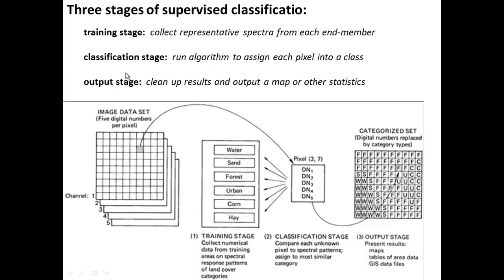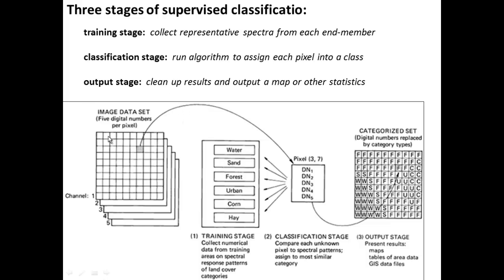And then finally is the output stage, where we often use some kind of filtering to clean up our results, and then we may gather statistics about how well we think we did and how successful we were in classifying. Those are the three main stages of classification.